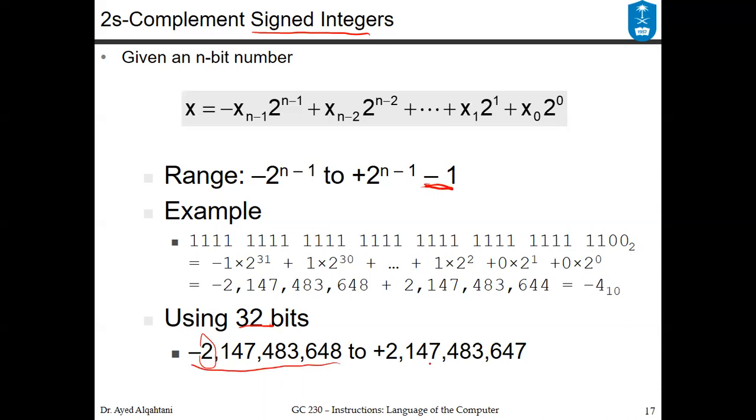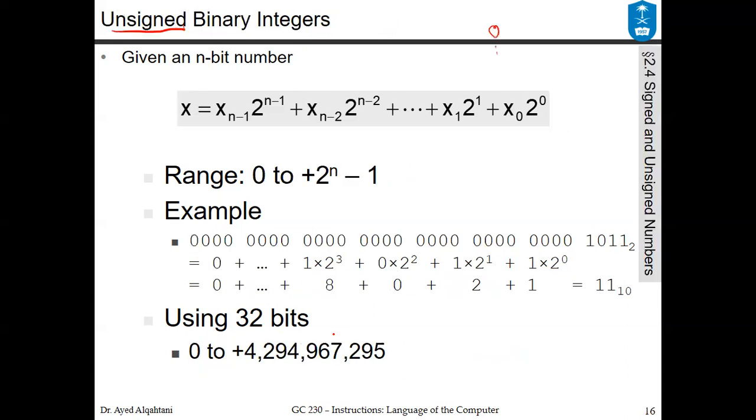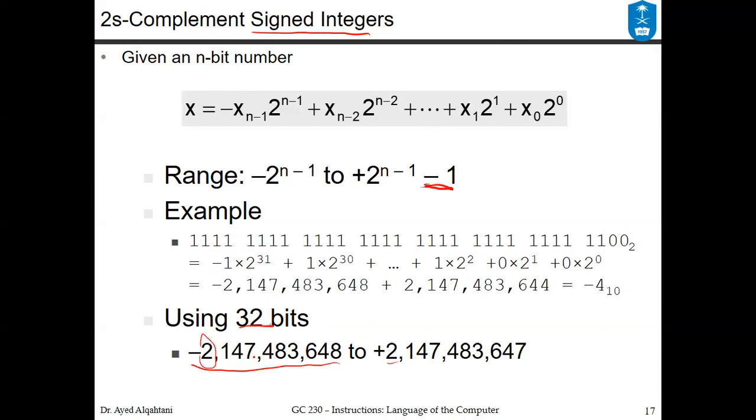And the most positive value is plus 2 billion something. So notice in the previous slide, it was from 0 to 4 billion. Now we break it into two, some parts for the negative, some parts for the positive, and we end up with 2 billion in the negative side, 2 billion in the positive side.